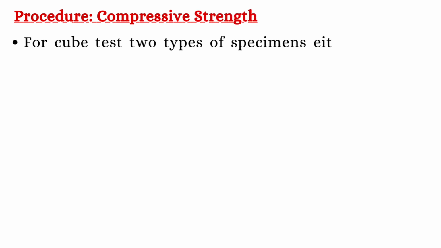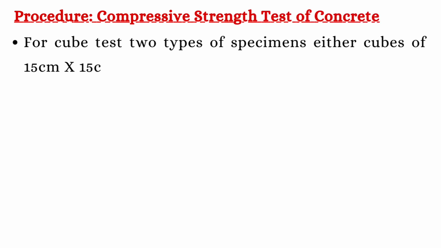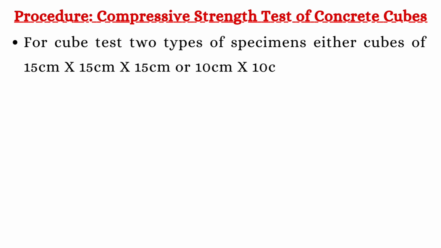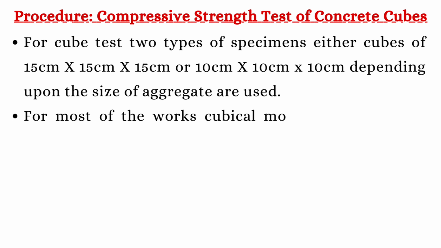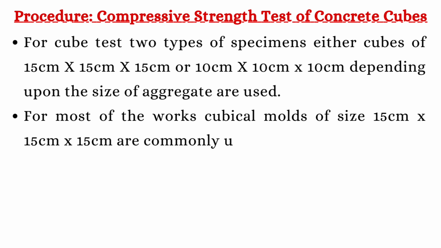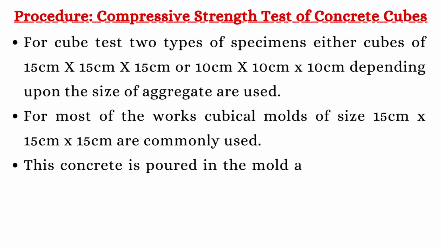Procedure. For the cube test, two types of specimens are used, either cubes of 15 cm by 15 cm by 15 cm or 10 cm by 10 cm by 10 cm, depending upon the size of aggregates used. For most works, cubical molds of size 15 by 15 by 15 cm are commonly used.